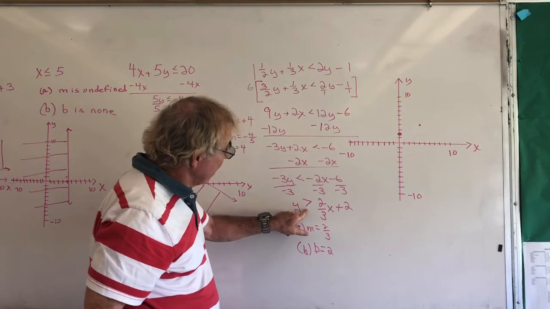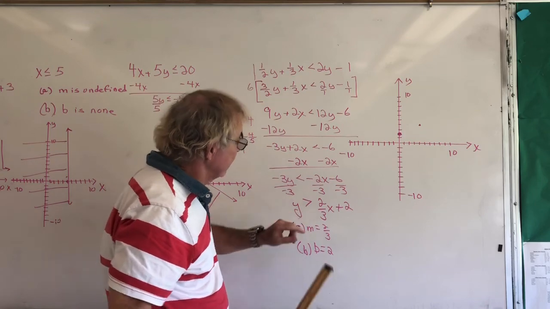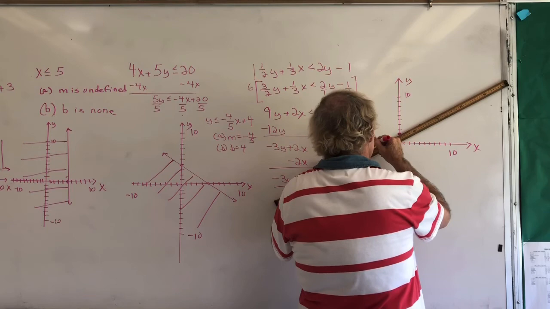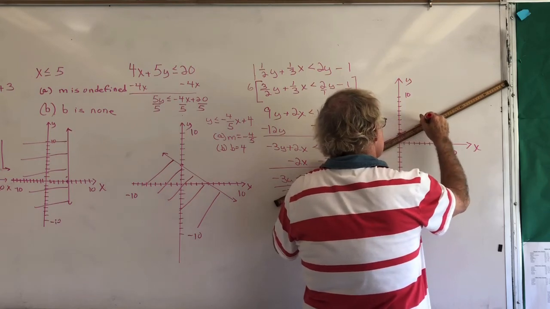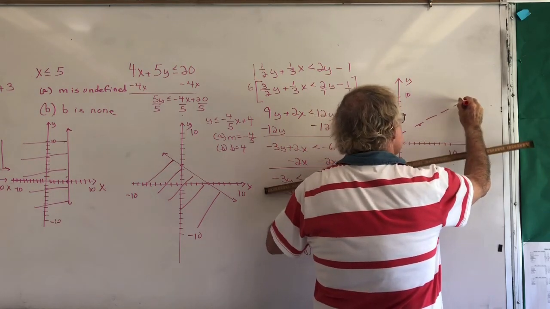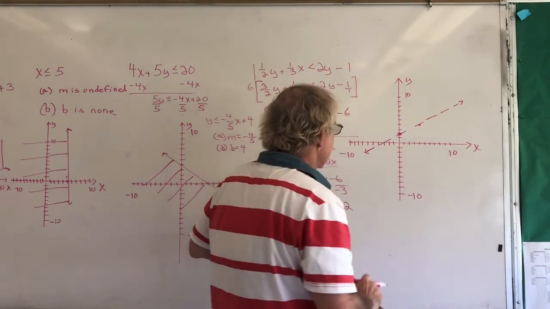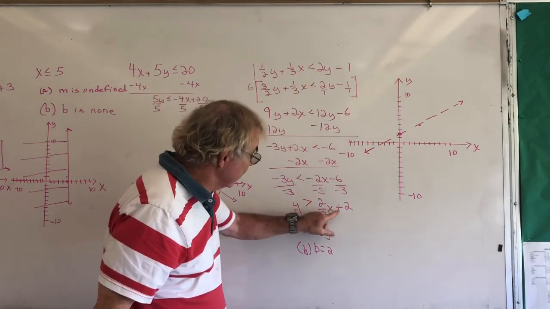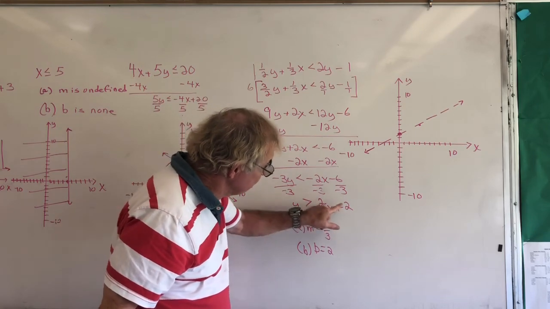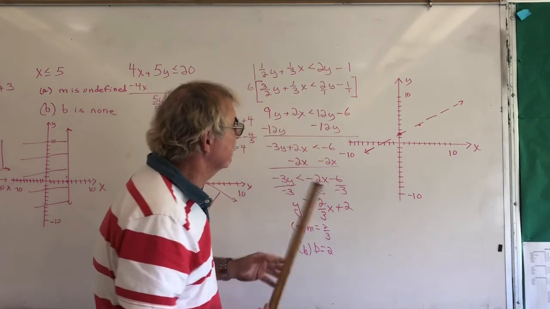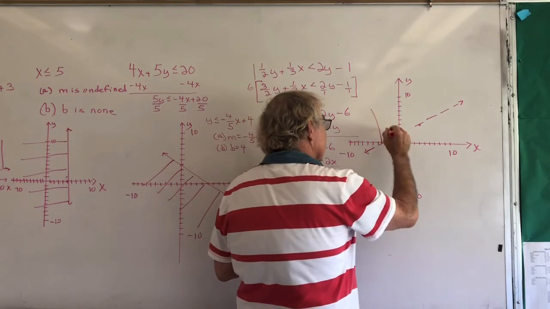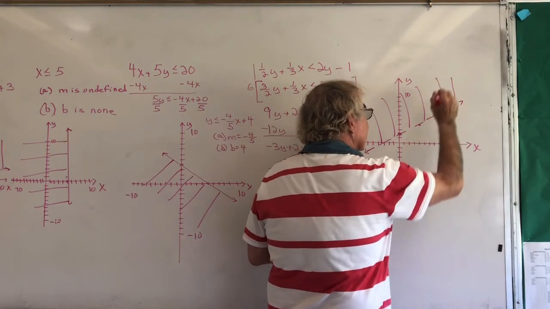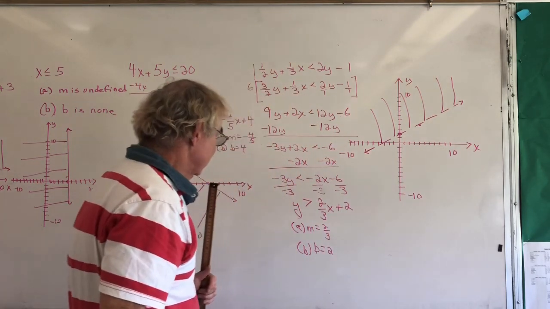It's a broken line because there's no equality under it. And you shade, in this case it would state y is greater than the 2, that's above it. So we would shade in like this. And that's it.